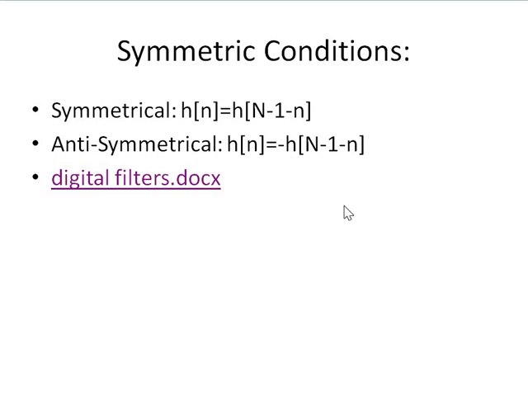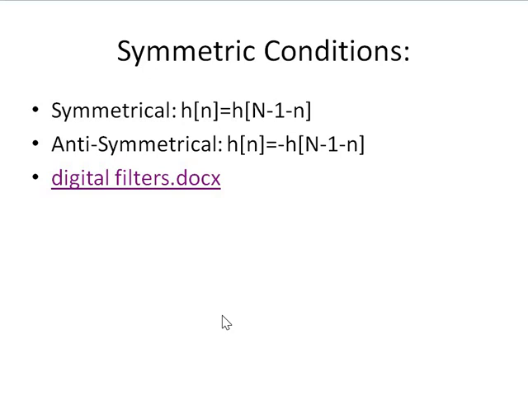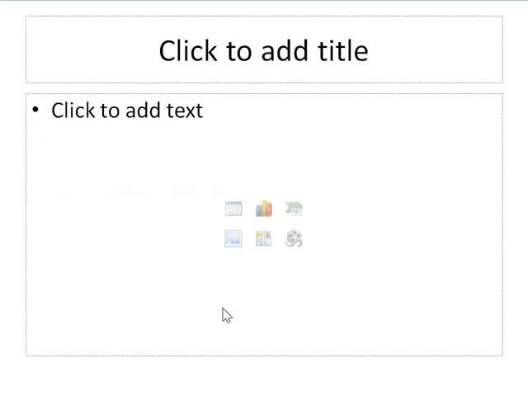So now we should develop the equations for all the 4 cases based on these conditions, the frequency response equation H of omega. Okay, so now it is the time for doing the derivation.